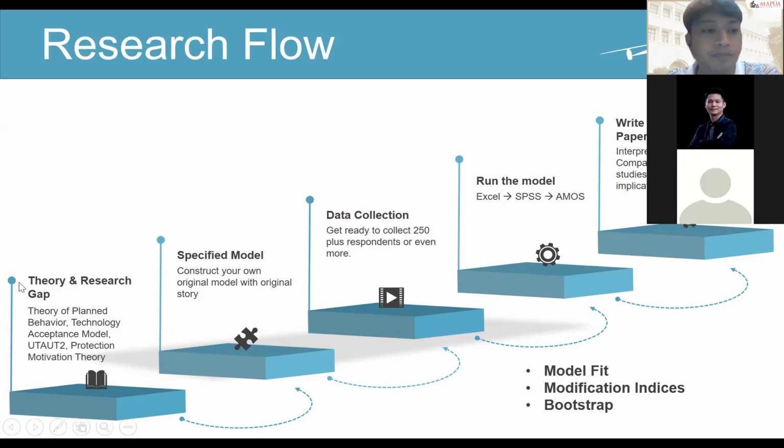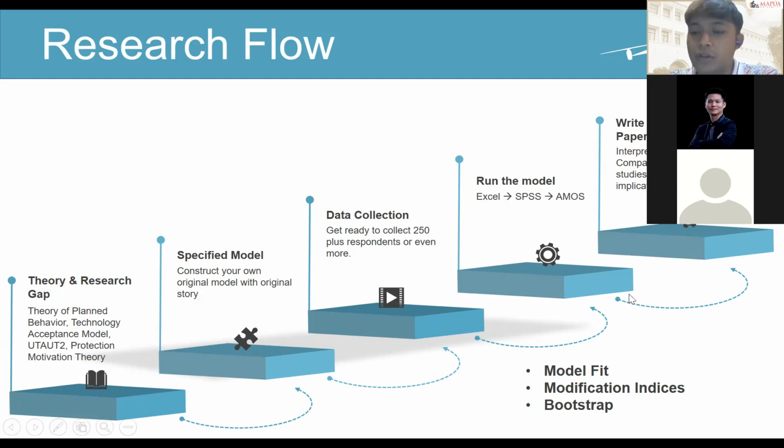So the first thing you need to do if you would like to do this kind of study is theory and research gap. Look at this: theory and research gap. You have to choose what kind of theory to use: theory of planned behavior, technology acceptance model, UTAUT, UTAUT2, protection motivation theory, self-determination theory, or what Thanathorn used.